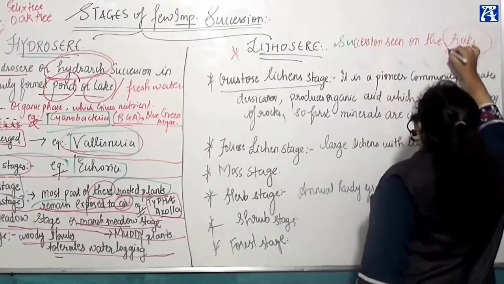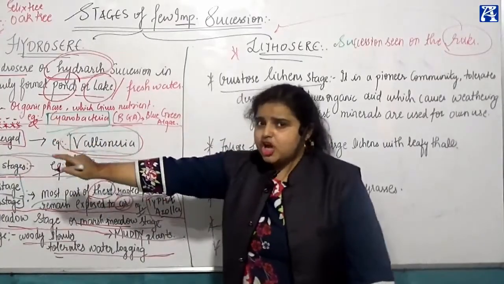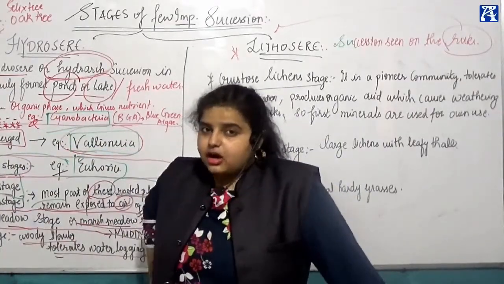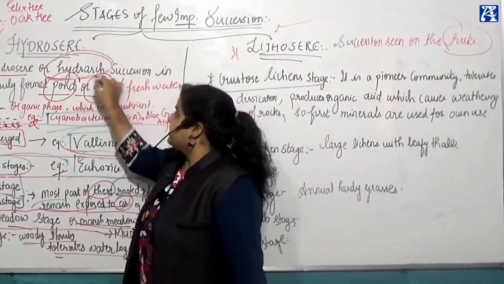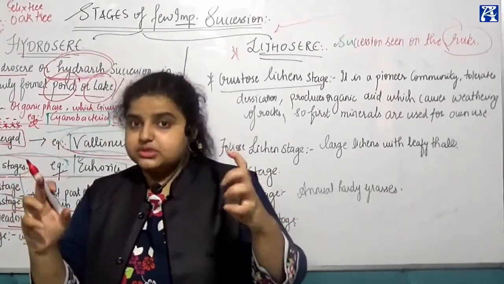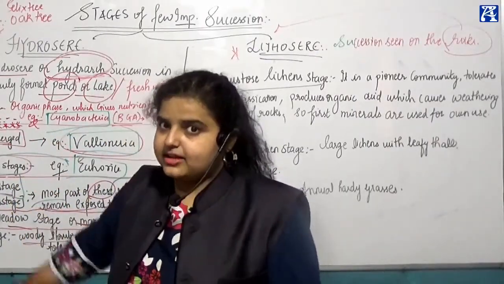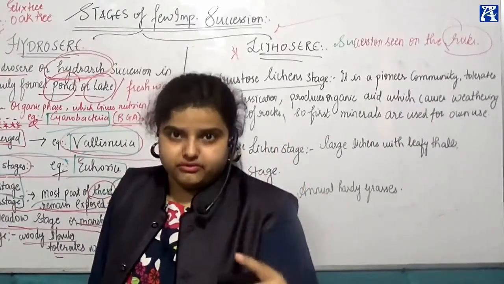Such type of succession is also called lithosphere. Children, remember, if I ask what hydrosphere is called, another name for hydrosphere, you should say hydrarch succession. Don't forget what I'm teaching. It should be in your tips. Remember, what is hydrosphere called? Hydrarch. Once I ask you, it should always come to mind.